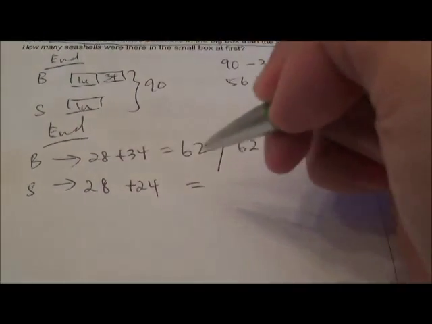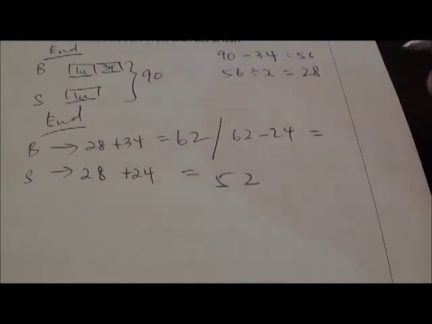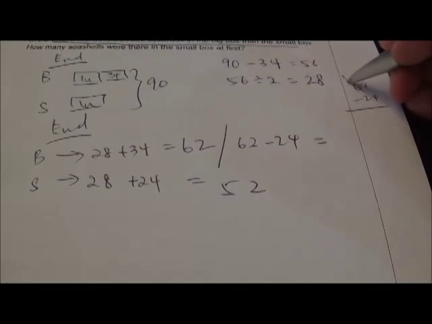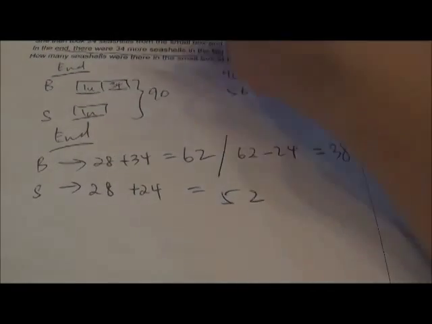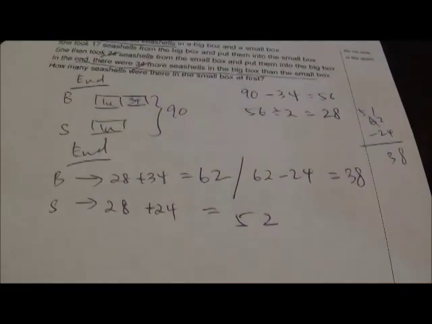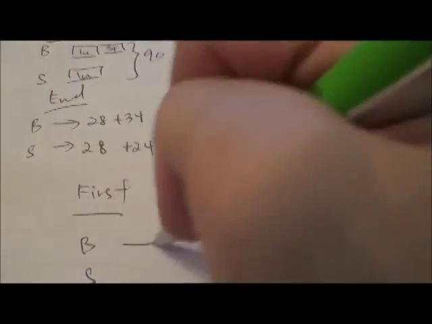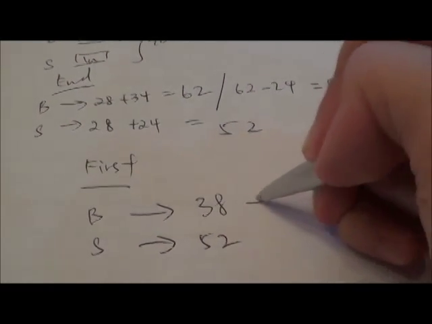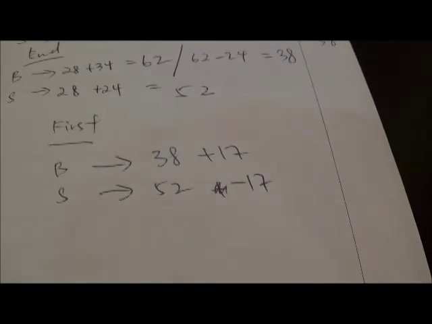So here you have 28 plus 24, 52. And here you would have 62 minus 24, 38. This was what happened before the 24 move. Then she took 17 seashells from the big box and put them in the small box. So at first, big and small box, 38 and 52, I must add 17 to the big box and minus 17 from the small box.